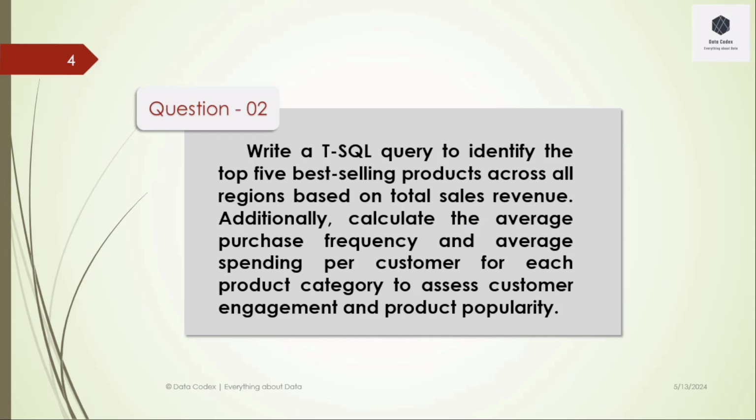We are going to find the top 5 best products across all the regions based on the total sales revenue generated by the product. And again we are going to calculate the average frequency and average spending per customer for each product, and the customer engagement and the product popularity. So we are going to filter that in our result set.